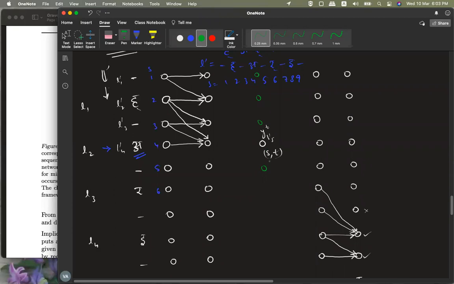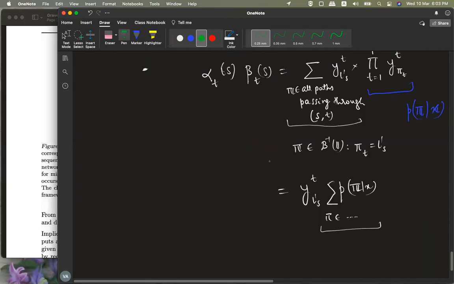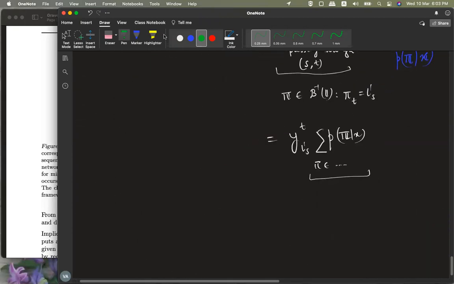So this means my P of L given X, so my P of label sequence given X, is equal to sum over all s times this term.